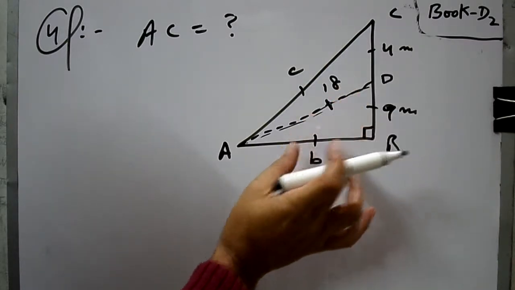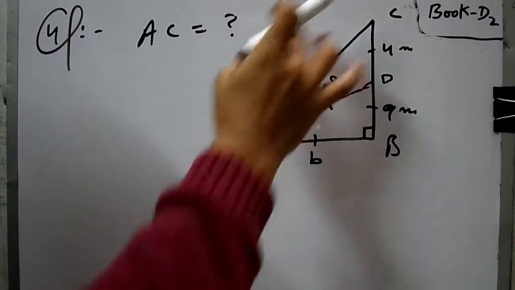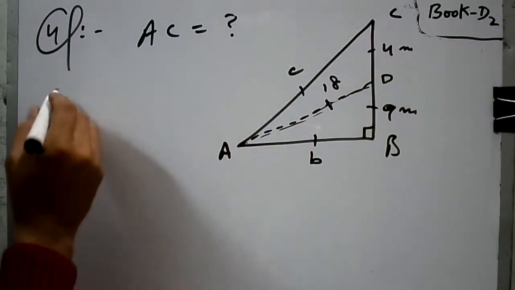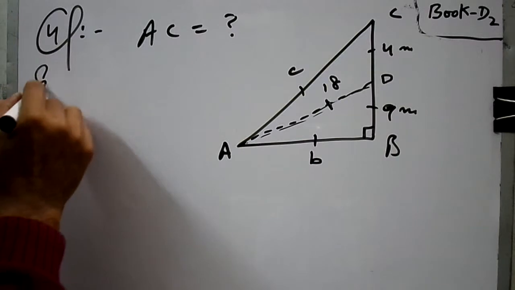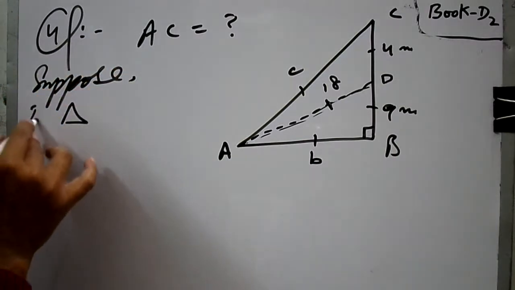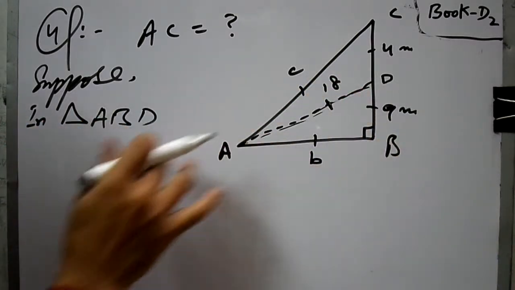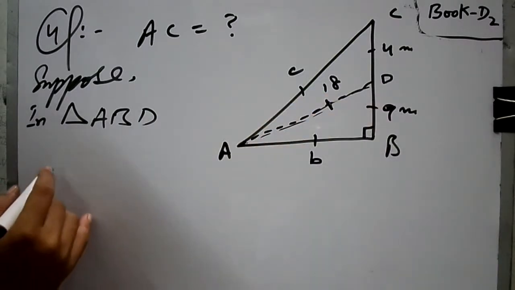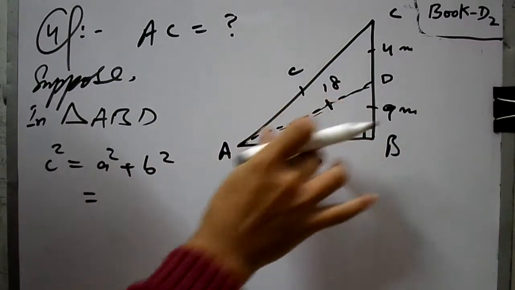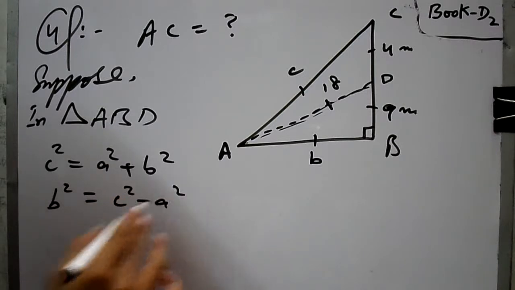So with the help of this small triangle ABD, you can find the value of B. Then taking the whole triangle, you can find the value of AC. In triangle ABD, apply Pythagoras theorem. C square is equal to A square plus B square. So you need the value of B. So B square is equal to C square minus A square. That is your final formula.